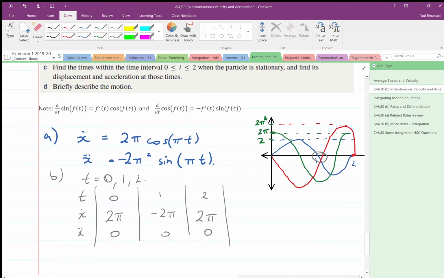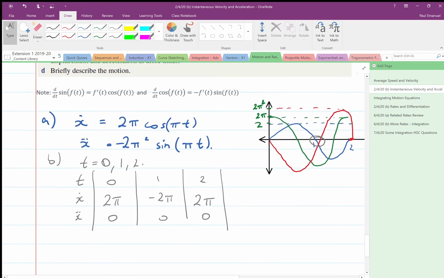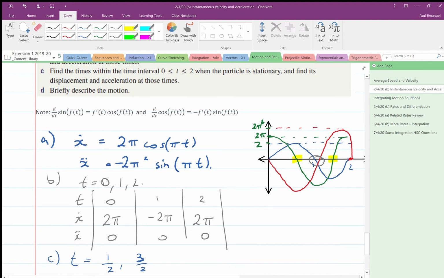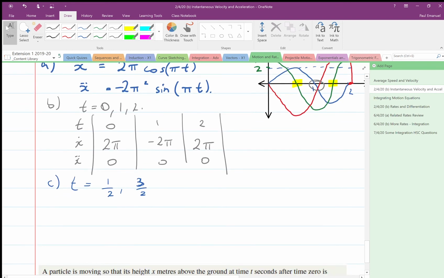Find all the times when the particle is stationary. So that's when x dot equals 0, which is here and here, and that should be basically at a half and at 1.5. Because it should be halfway between the other things, because it's cos versus sine. And then we can do the same thing again.